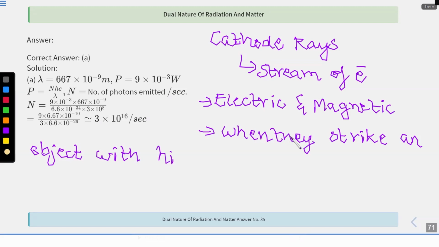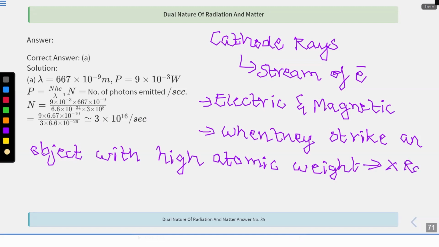So these are two, three important properties of cathode rays. Let's talk about the positive rays.